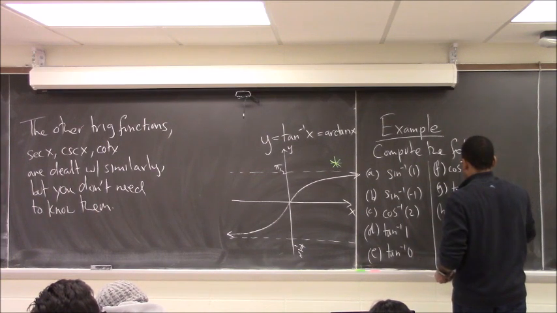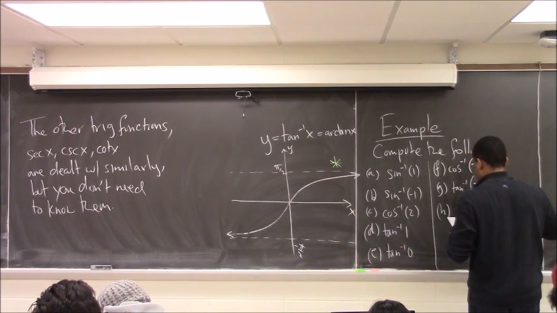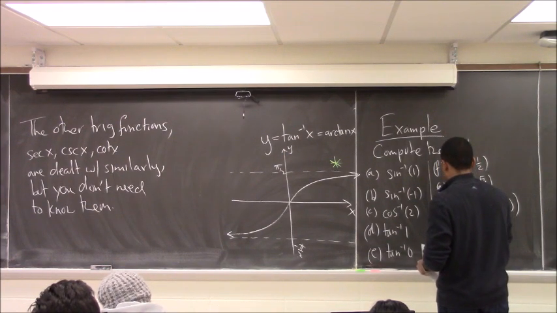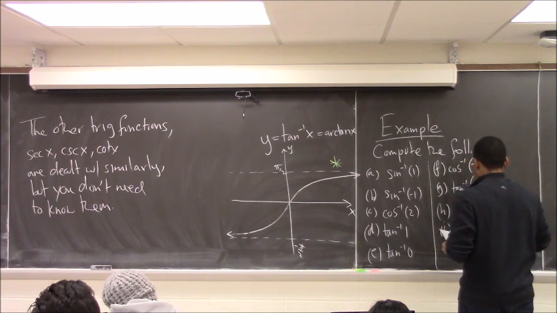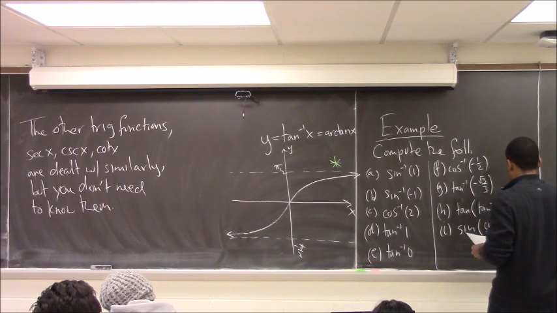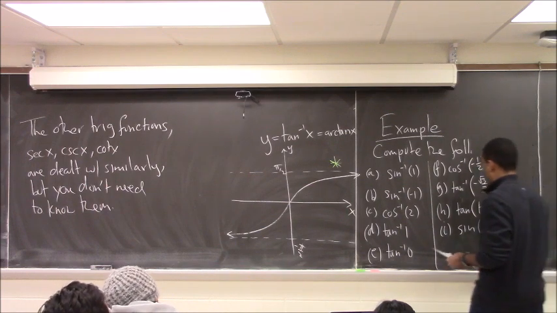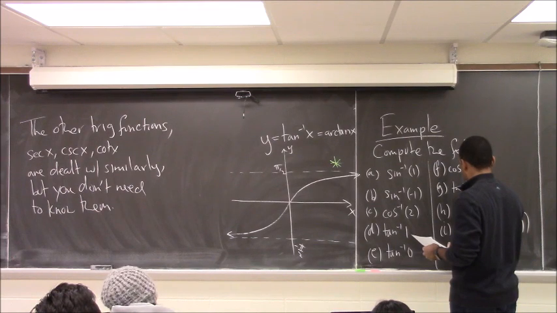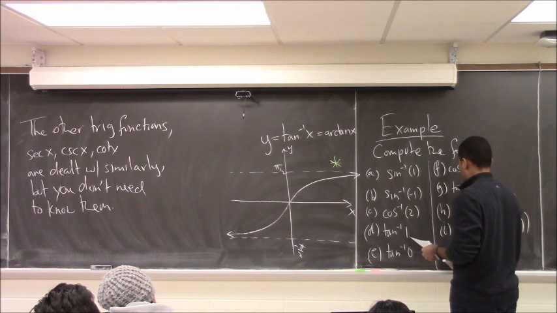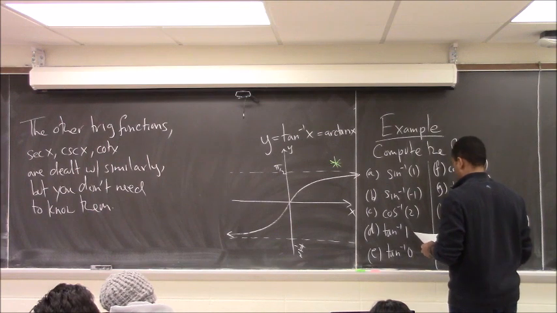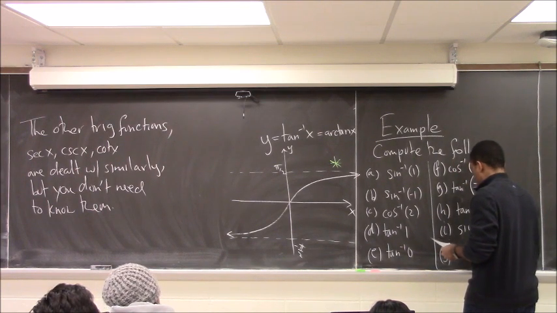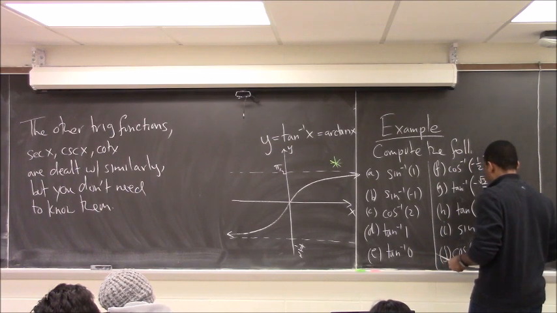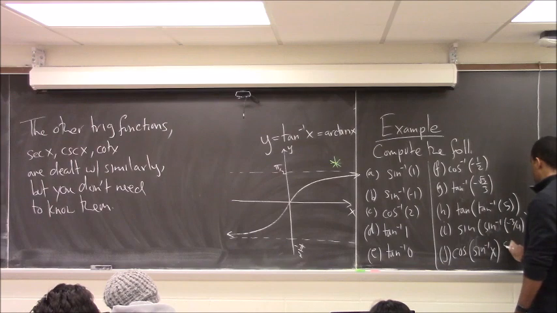Okay, tangent of tan inverse of 5. Sine of sine inverse of minus 3 over 4. Cosine of sine inverse of x. Here I want you to simplify.